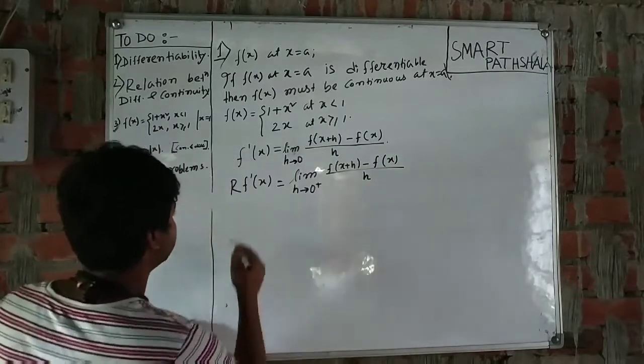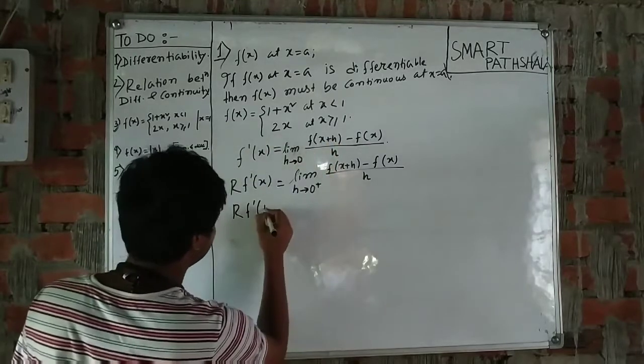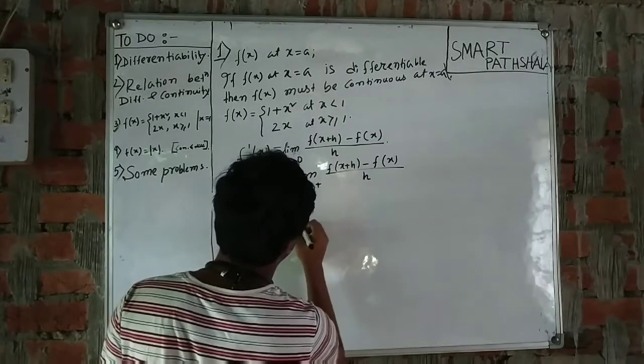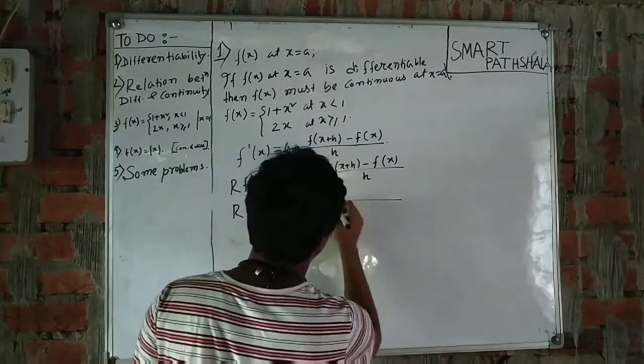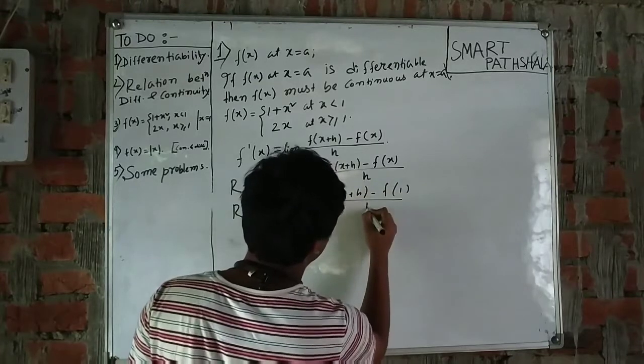Now we are checking the right hand derivative at x is equal to 1, which means limit h tends to 0 plus of f of 1 plus h minus f of 1 by h.